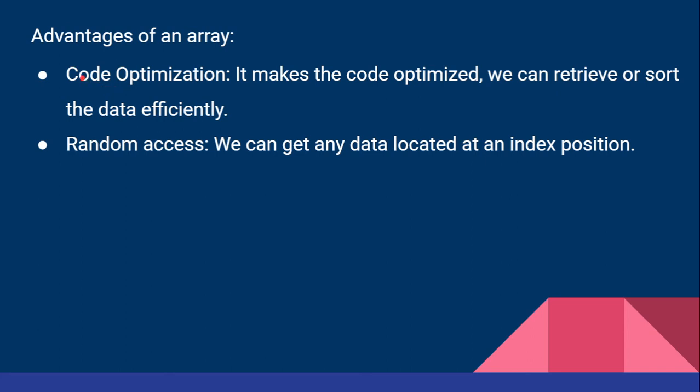Sequential access means starting from the first data, continuously getting the second, third, fourth, etc. That is called sequential access. What random access is, given any position of the data, I want to get the 10th data, 15th data, I want to get the information of the 100th student or 80th student. So I can specify the location of the data, that is the index. That is called random access.